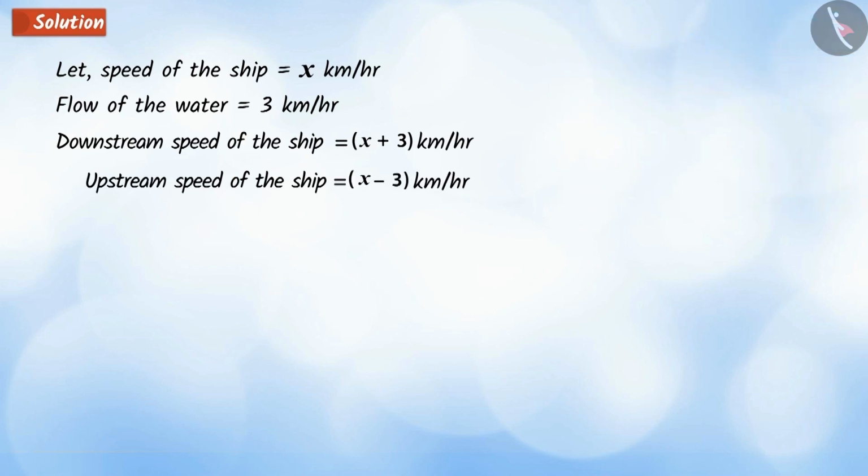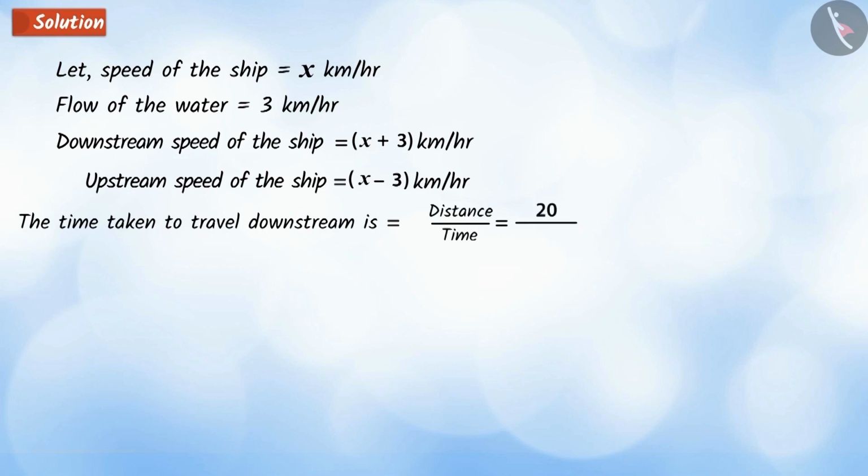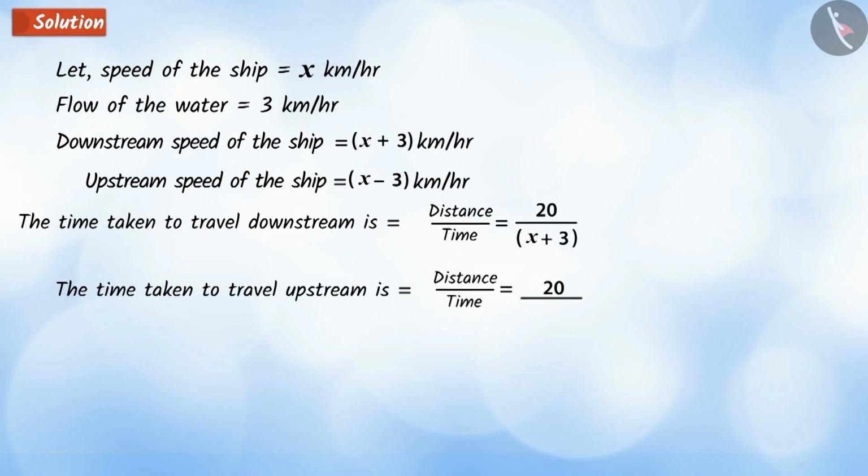The ship moves 20 kilometers favorable to the stream and 20 kilometers against the stream. So the time taken by the ship to go favorable to the stream is 20 by x plus 3, and the time taken to go against the stream is 20 by x minus 3.